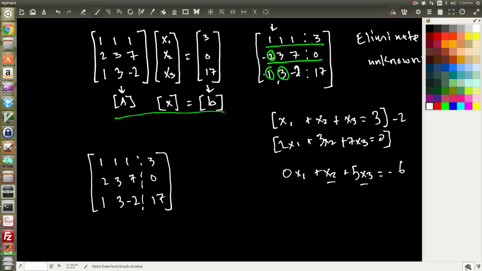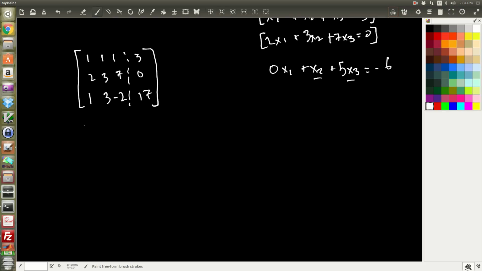What we're going to get is a new set of equations that obey the same constraints. So I'm still going to have 1, 1, 1, 3. And now I'm going to have 0, 1, 5, and minus 6.